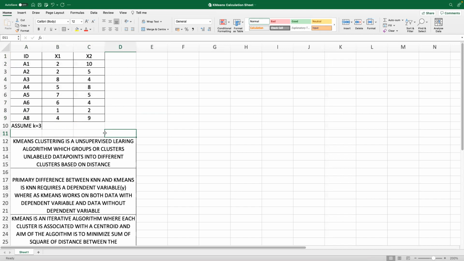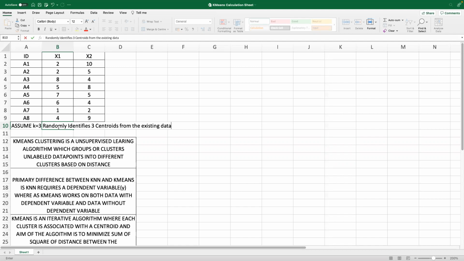Now, in the first iteration, from the existing set of observations, it randomly identifies 3 centroids from the existing data.